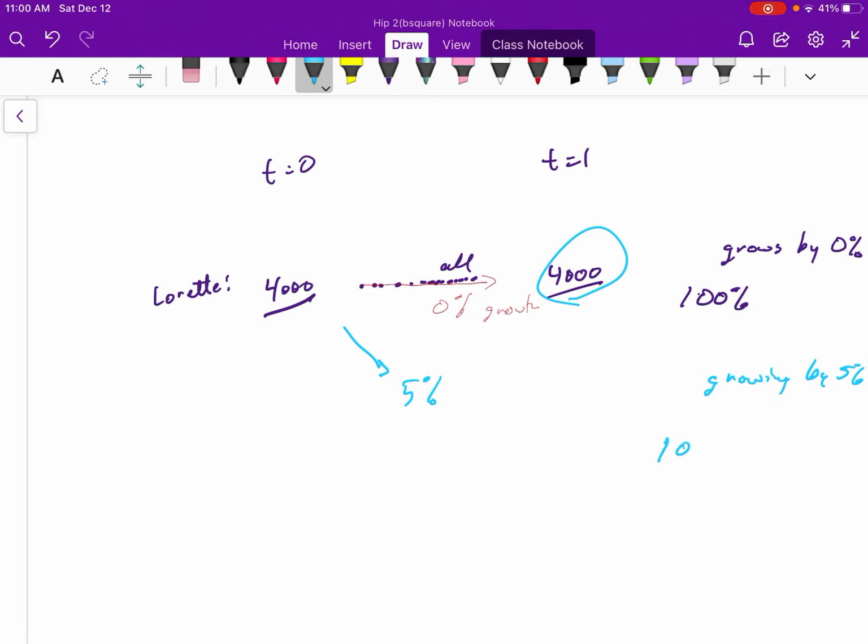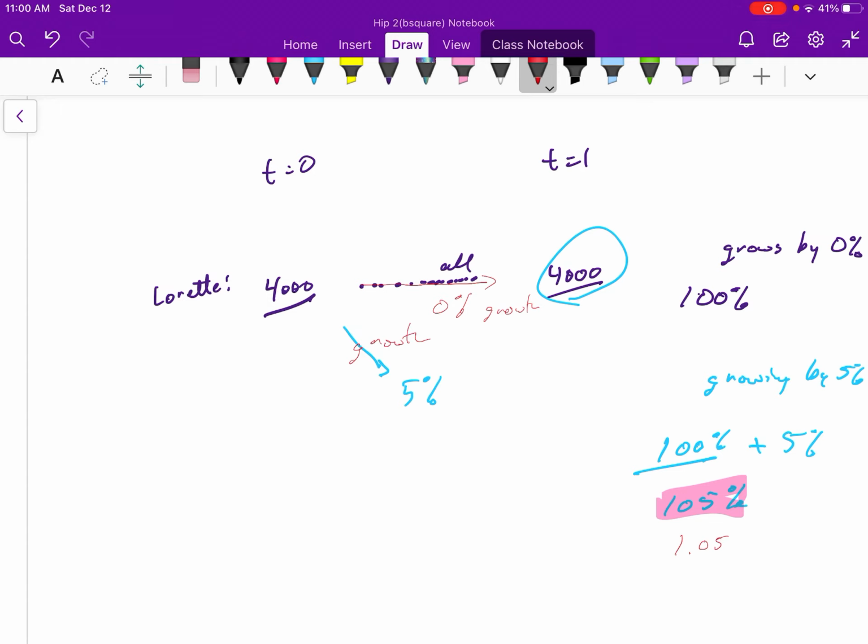So it would be 100% of the previous year, right? You'd keep all your population plus an additional 5%. So it would really be 105% of the previous population amount. And if we convert that into a decimal, that would be 1.05.